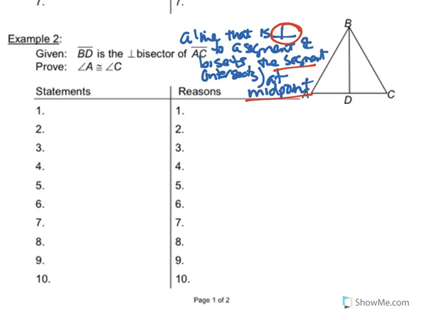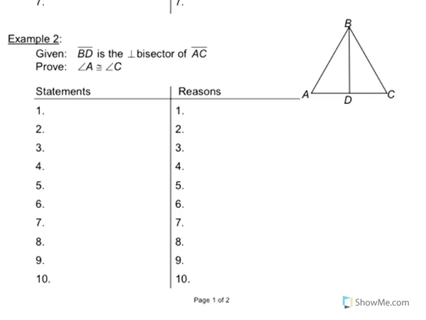Okay, so let's just kind of map out a plan here. Since we know that BD is a perpendicular bisector, we know immediately that we're going to end up with two right angles. And I will say you have to declare both angles as right angles before you can really do anything else with them. You can't just automatically call them congruent to one another. We have to get in our statements about them being right angles. So we got those two right angles, and what else are we going to know?